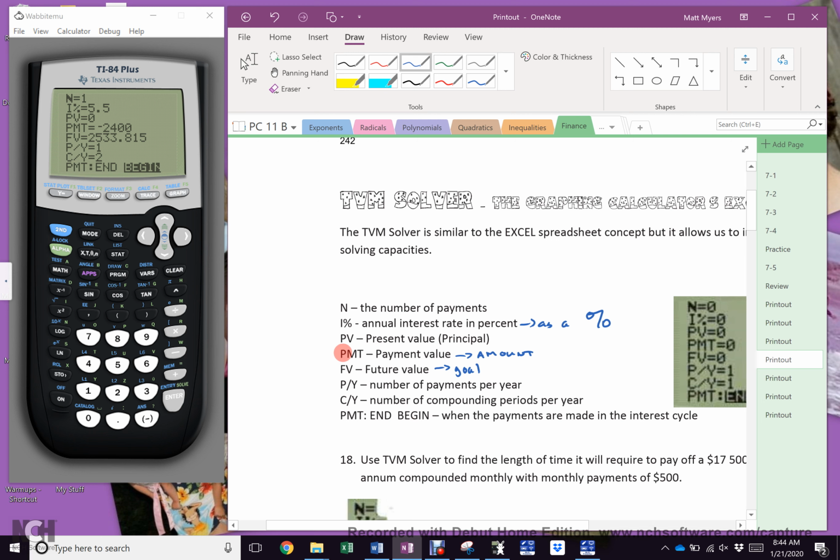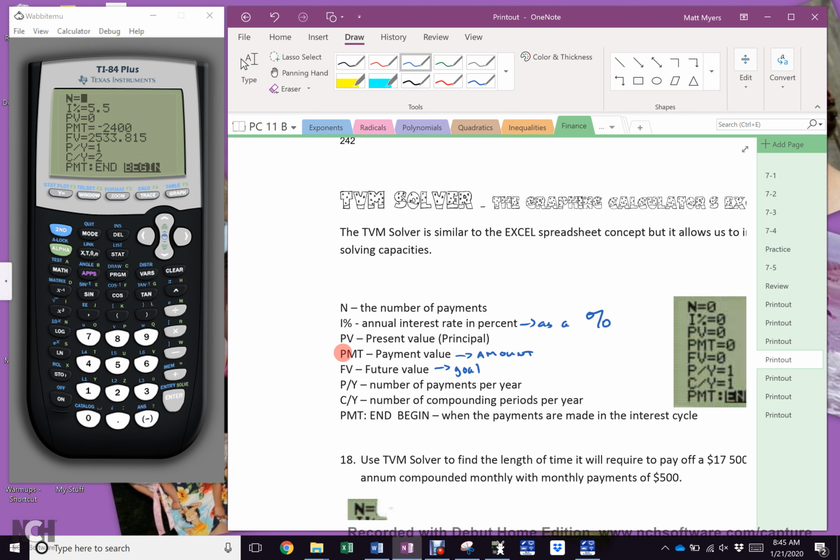Now, the only one that causes problems here is payment value. And this is how you have to think of payment value. If the money is leaving your pocket, it is negative. Does everybody understand that? Okay? So when I save up money, is the money leaving my pocket?